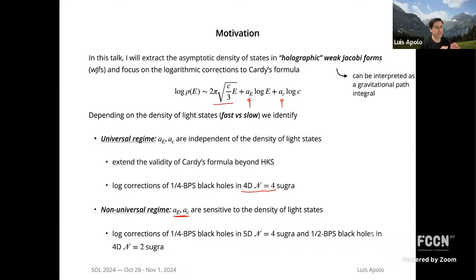So they depend on the details of the theory, on how the spectrum of light states grows. And it turns out that there are examples where this is realized. So the logarithmic corrections of BMPV black holes and half BPS black holes in 4D N=2 supergravity turn out to be captured by weak Jacobi forms in this non-universal regime. Okay, so that's basically what I will try to show today.